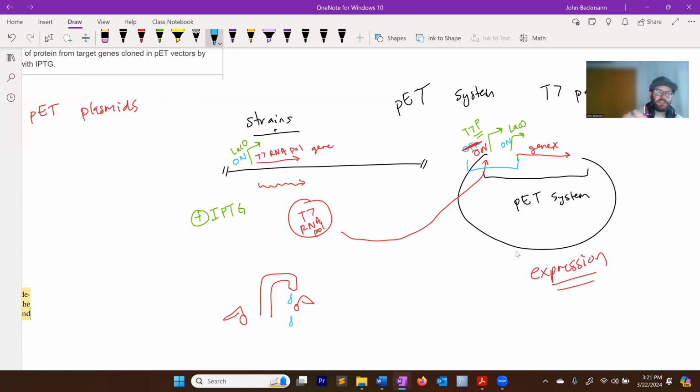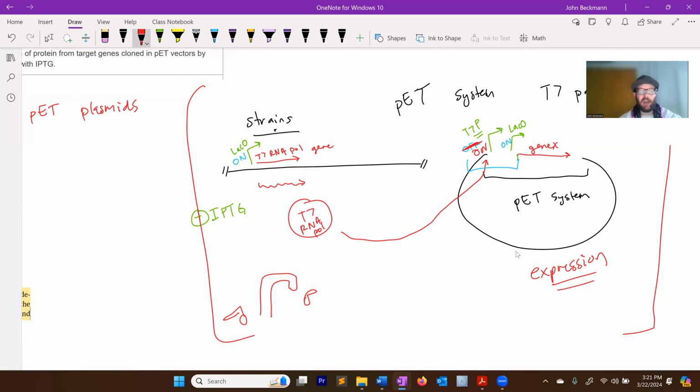So essentially having these two promoters improves the tightness of the system where it's no longer leaky, because you have to have two events that happen that turn on gene X. So it's essentially just making the system a little bit tighter. And the T7 RNA polymerase is a very strong polymerase, and so you'll get very high expression when you do this. So these are the complicated details of the pET system and how it works.